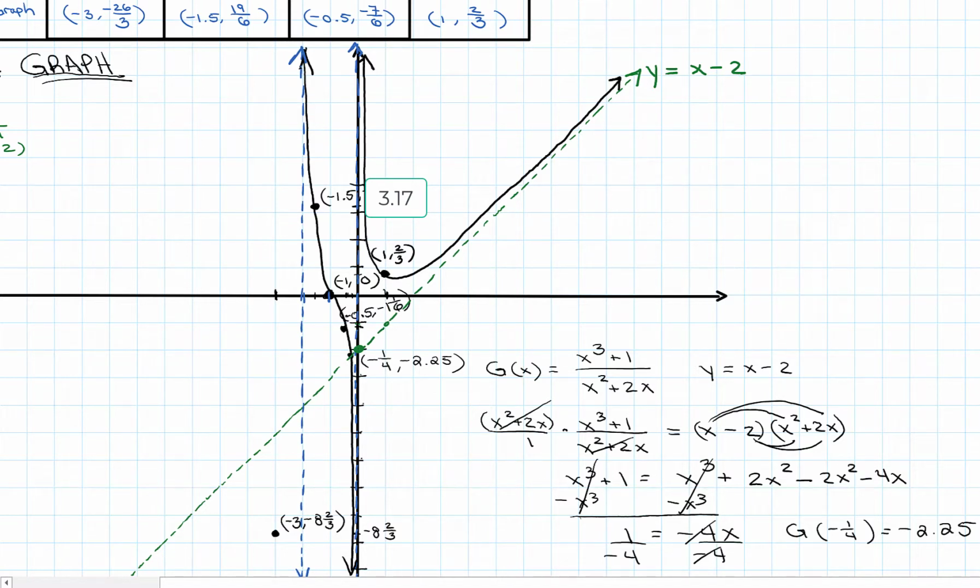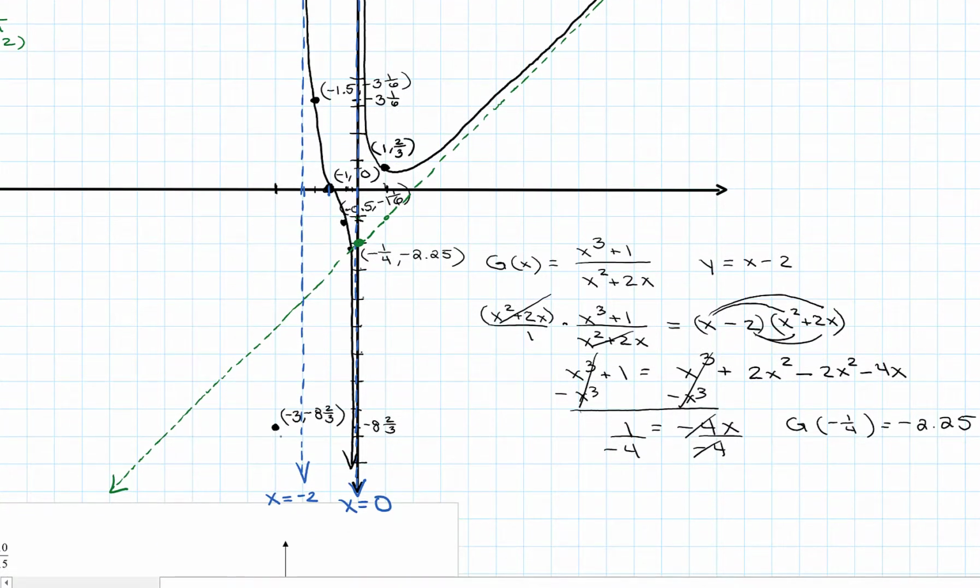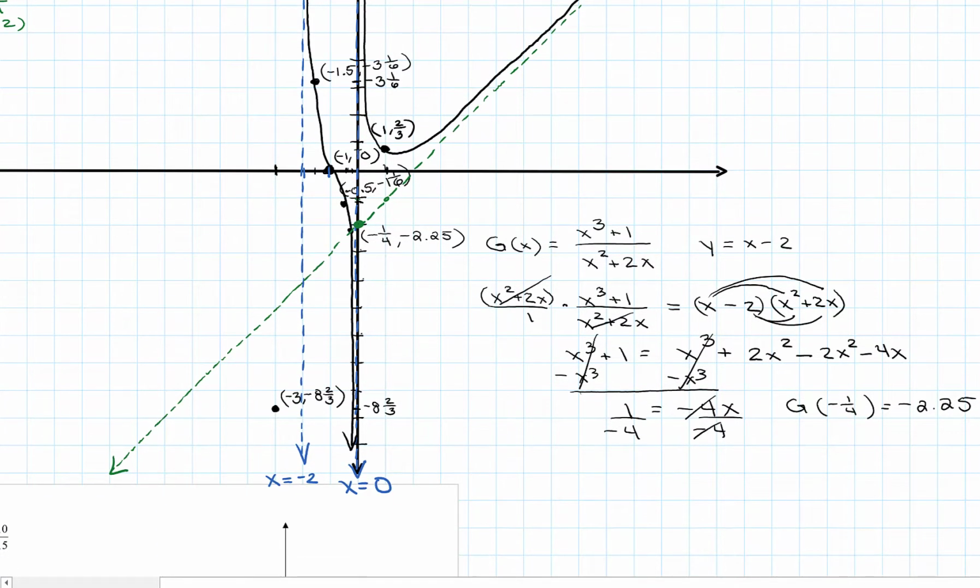And I'm going to do the same thing over here on the other side. I'm just going to use this one point that I have here. You could probably come up with a few other points if you need a few other points to help guide you. But I'm going to use this one point to guide me. Once again, it's going to get very, very close to my vertical asymptote. Right here, going towards the right.